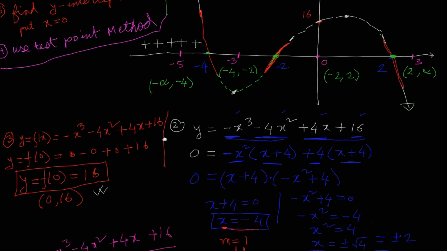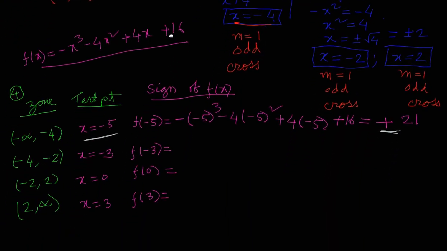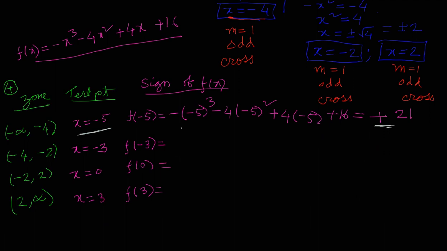Okay, so now let us look at the other one. Let me write down function of -3: negative -3 cube minus 4 times -3 square plus 4 multiplied by -3 plus 16.